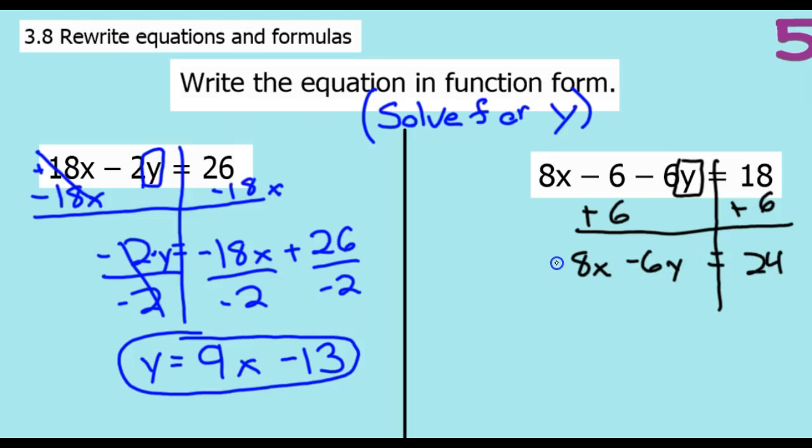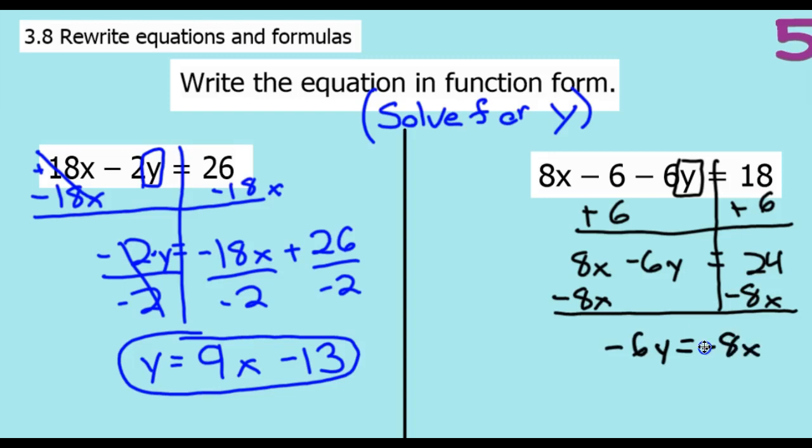Move over the 8x. Since this is positive, I'm going to subtract. So we get negative 6y equals, now I can't combine these, so negative 8x plus 24.